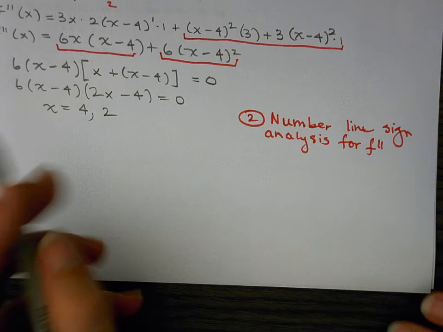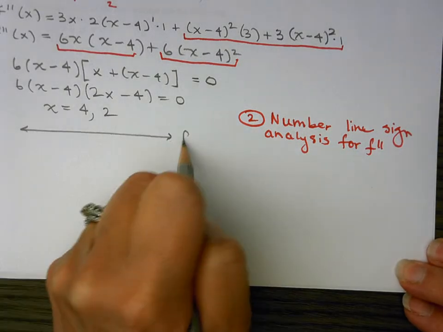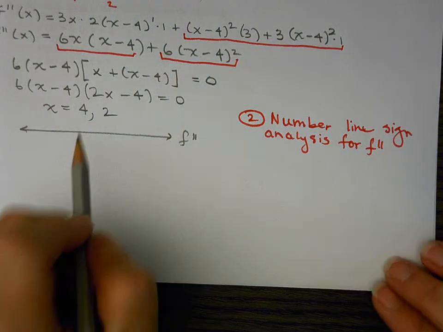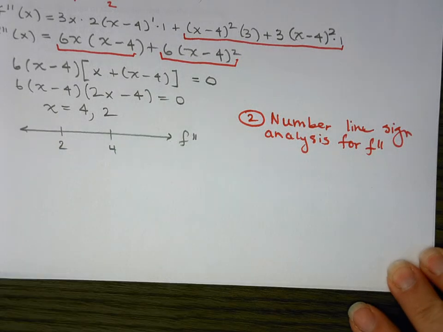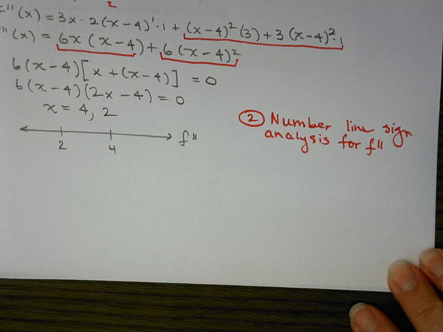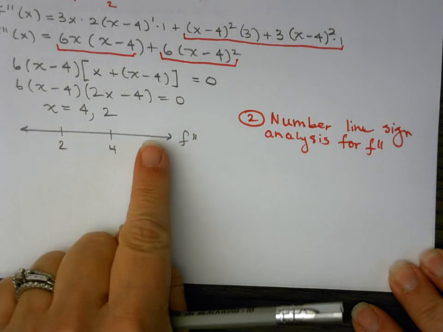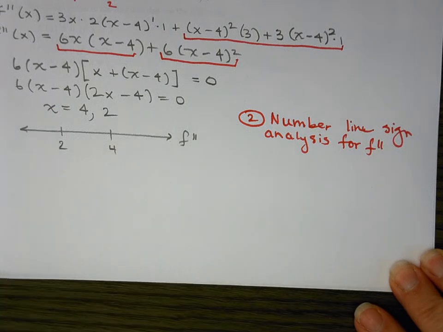So then I'm going to go ahead and set up my number line, make sure I call that f double prime, and then put these values on, but put them on in order, right? 2 and then 4. And so now I'm going to take values under 2, between 2 and 4, and then greater than 4, and then we'll figure out are they positive or negative in value, okay?